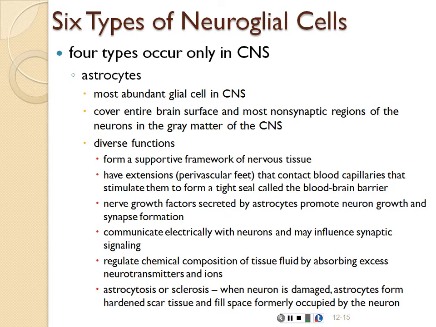The astrocytes have so many functions. The main thing to know about the astrocytes is that they are the most abundant of all glial cells. So we have more astrocytes than any other, and as you can see, they have the most diverse functions. They cover the entire brain surface.